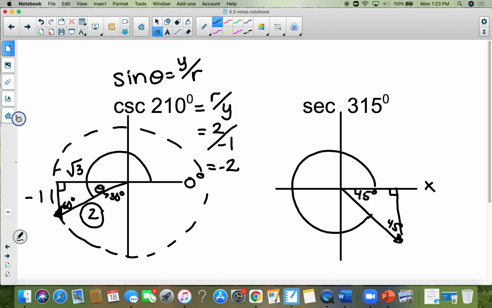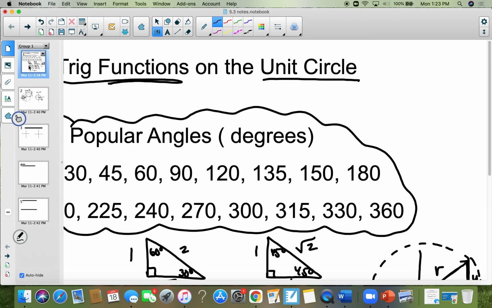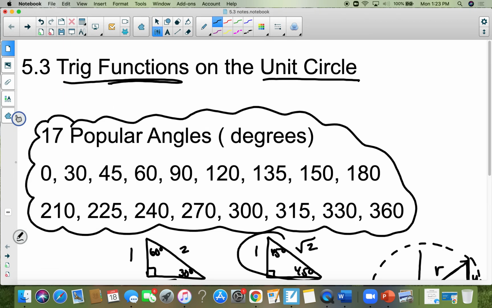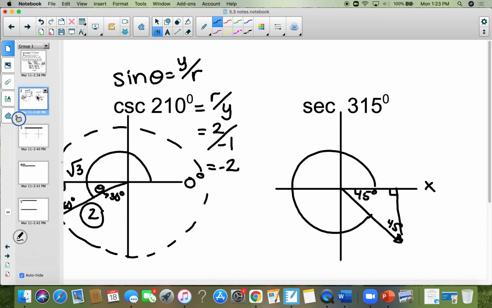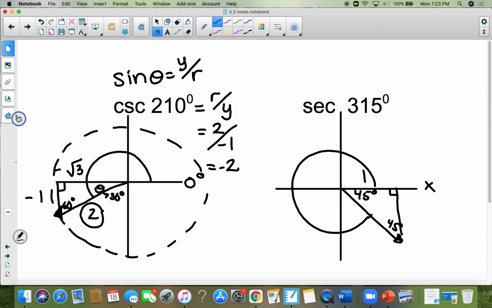So it's a 45, 45, 90 triangle. But we have to put the numbers on there. I went over on the x-axis 1, but I went down on the y-axis at -1, and my hypotenuse is really the radius of the circle, which is root 2.